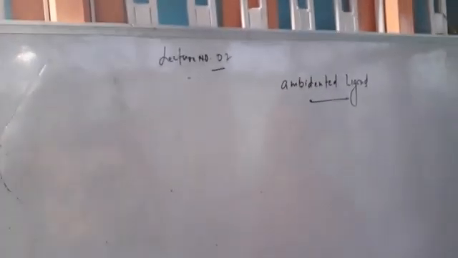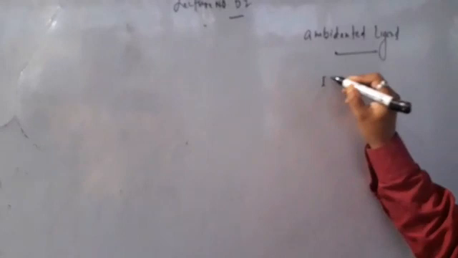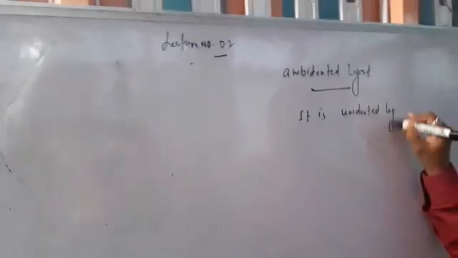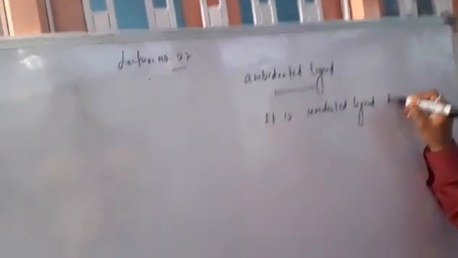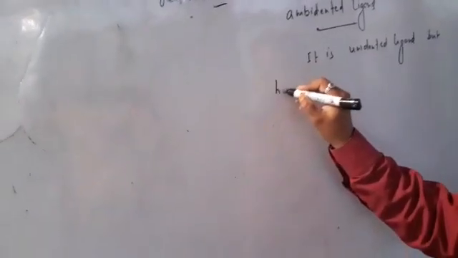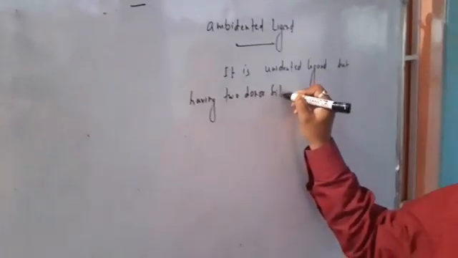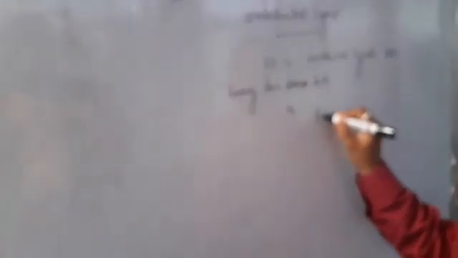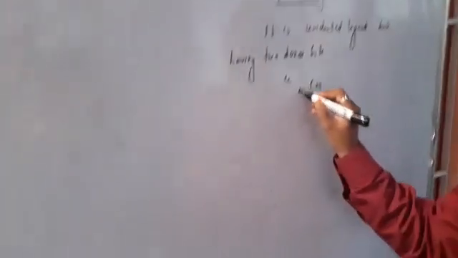It is a unidentate ligand but having 2 donor sites. An example is CN-.